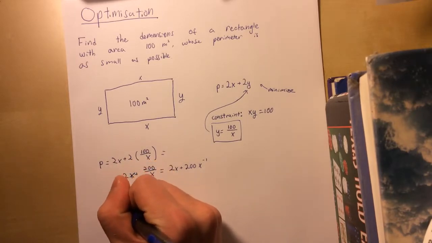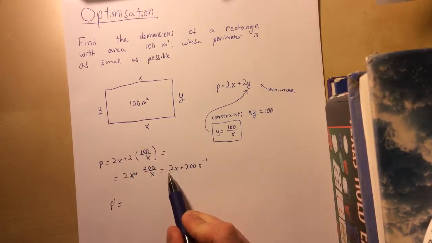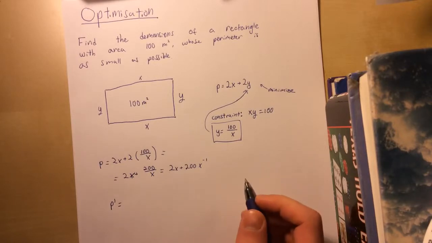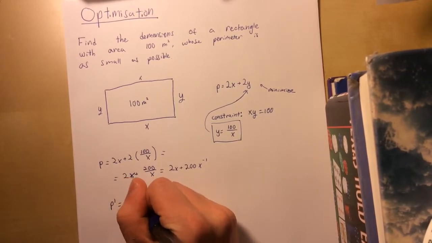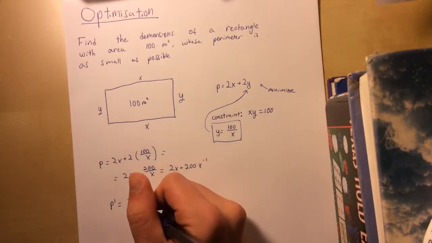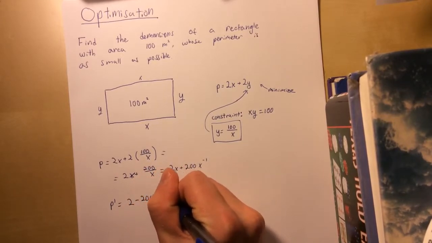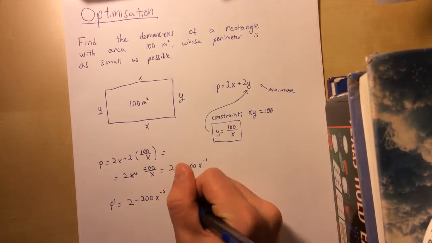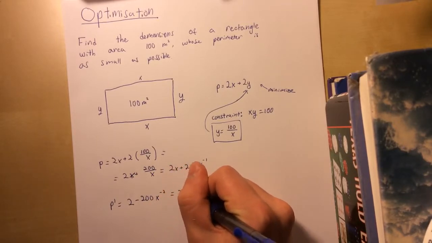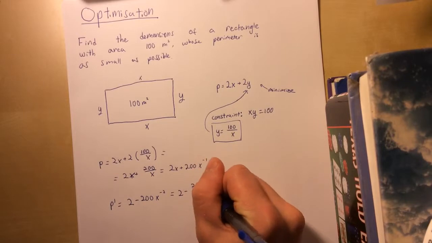So p prime is equal to the derivative of this. The derivative of 2x is just 2, and the derivative of 200x to the negative first is negative 200x to the negative 2. And now I'm just going to write it in this form.